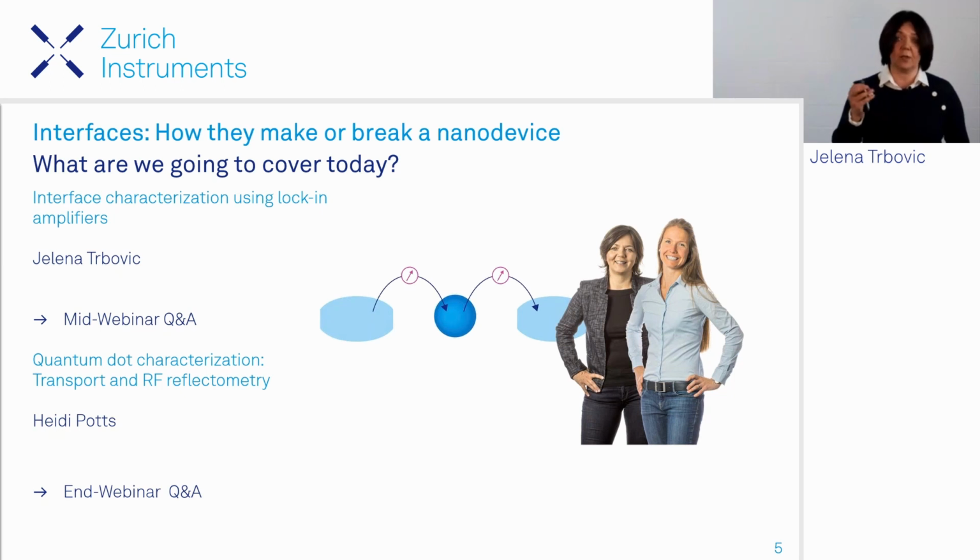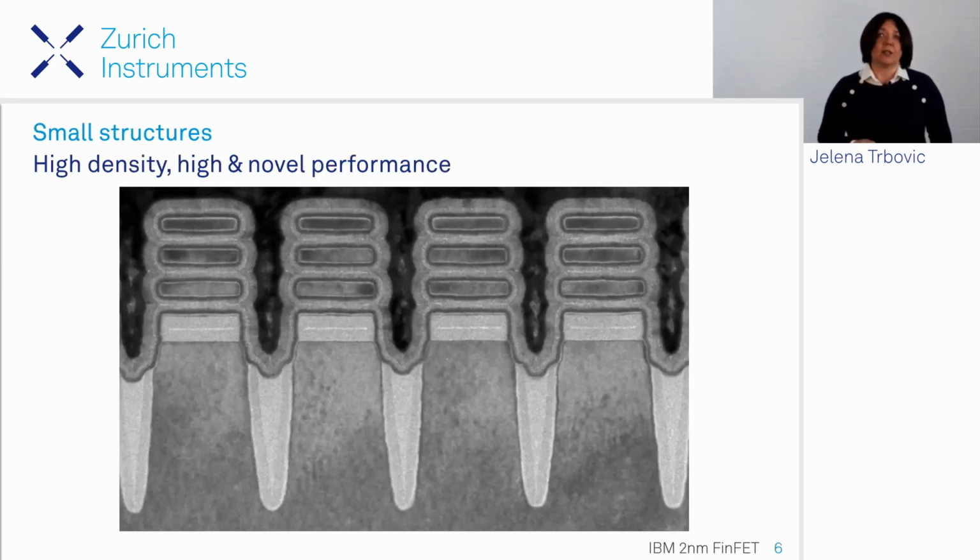If you could put them in the questions box, we'd be happy to pick them up and answer them mid-webinar, and then Heidi will continue talking about quantum dot characterization in transport and RF reflectometry, and we will wrap up with a final set of questions. And of course, if we don't get to answer all your questions, we'll get back to you. We'll also write a blog about it. Okay, so let's get started.